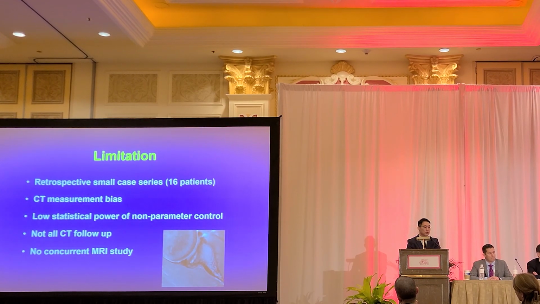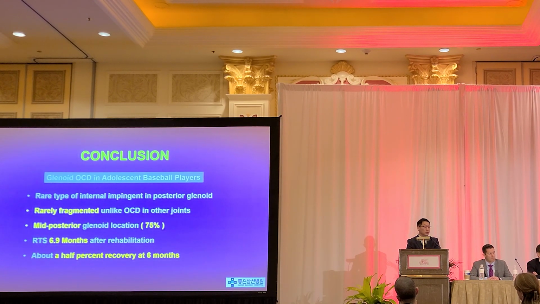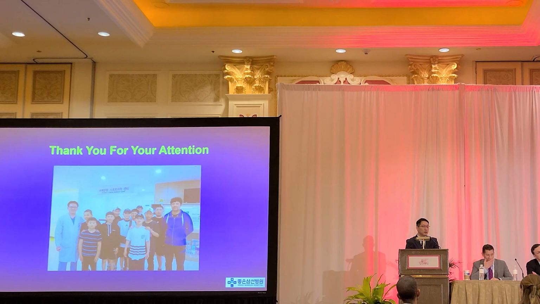Our study is a retrospective study with a small number of cases, and we had no concurrent MRI study. Conclusion: the glenoid OCD is a rare type of internal impingement, rarely fragmented, frequently occurs in the mid-posterior glenoid, and can be successfully treated with rehabilitation in adolescent baseball players. Thank you.